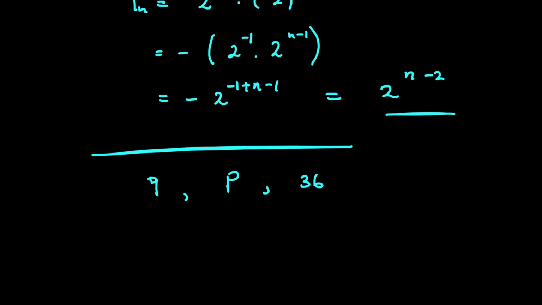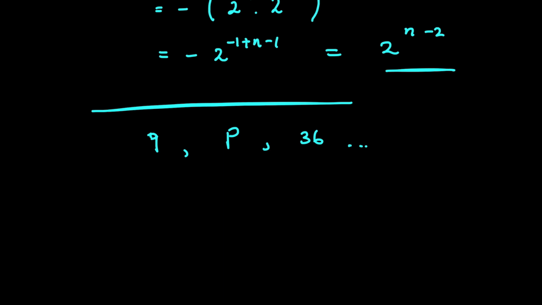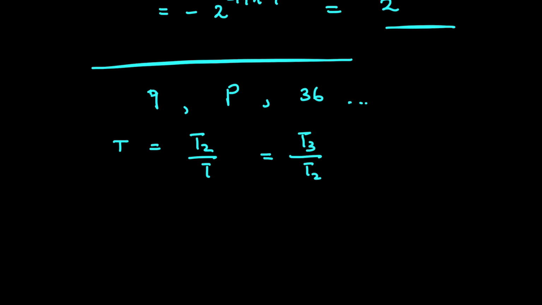You are told that this is a geometric sequence, and then you are told to determine P. So now, if this is a geometric sequence, it means that R, which is T2 over T1, should also equal T3 over T2. So now, what is T2? T2 is P, all over T1, which is 9.